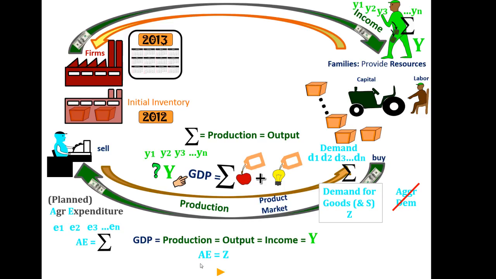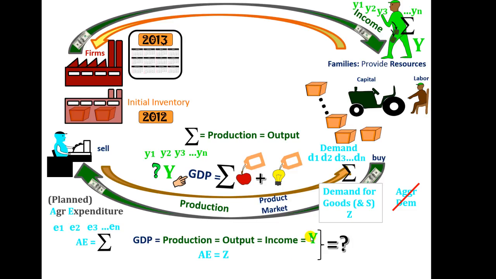So in this model, aggregate expenditure is equal to demand for goods. Some authors use aggregate expenditure, and some authors use demand for goods. I will start using this one because I will use this picture a lot, but at the end I'm going to use demand for goods.